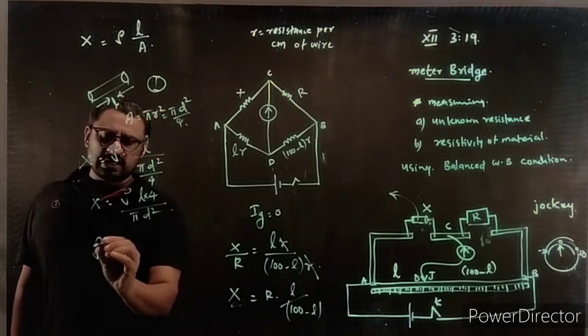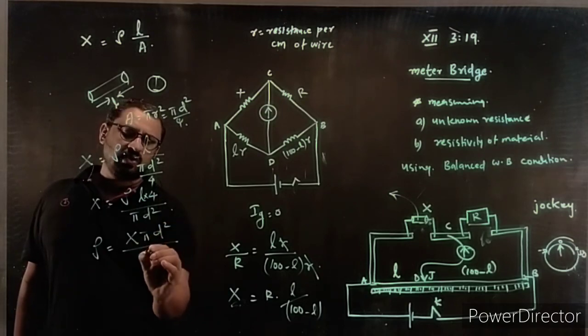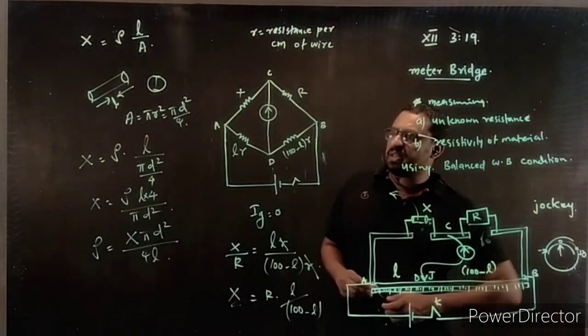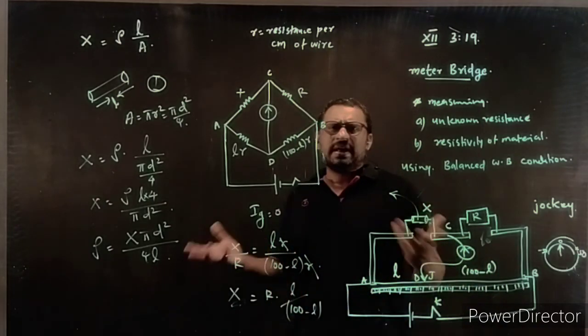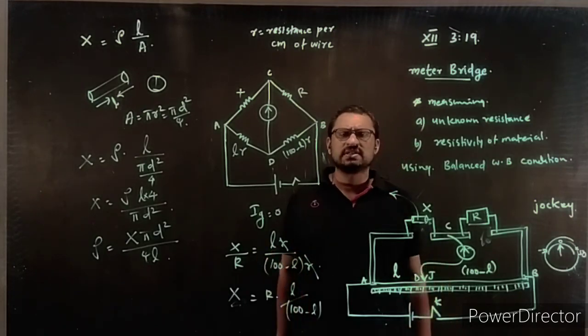So the resistivity is X pi d square divided by 4L. That's all. You can measure the resistivity of that unknown material. It's simply an application of Wheatstone's bridge. Very simple to understand. Thank you.